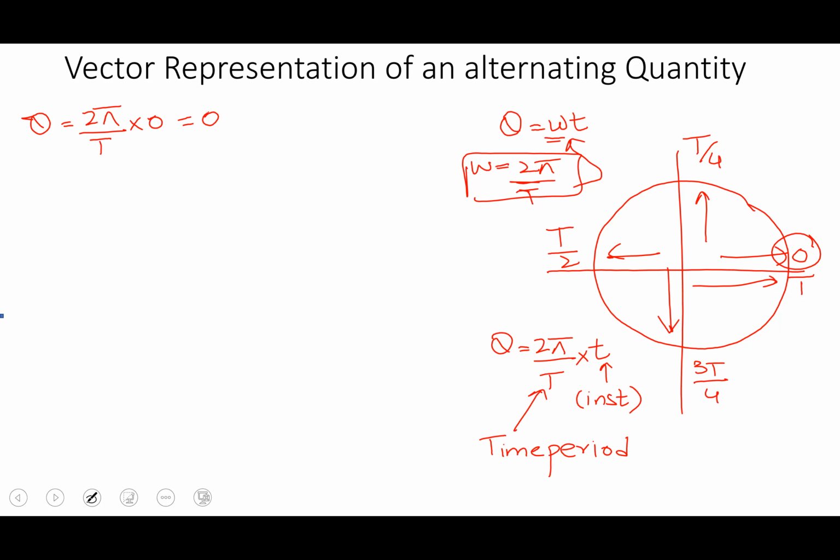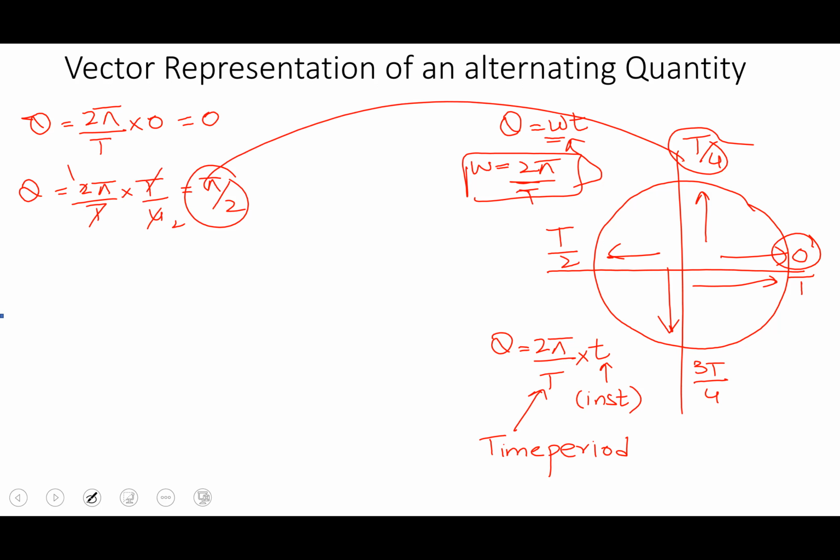Now if we continue, theta is equal to 2 pi divided by T multiplied by T by 4. T cancels, 2 ones are 2, 2 twos are 4. It is pi by 2. So the radian at this point will be pi by 2, which is making an angle of 90 degrees.